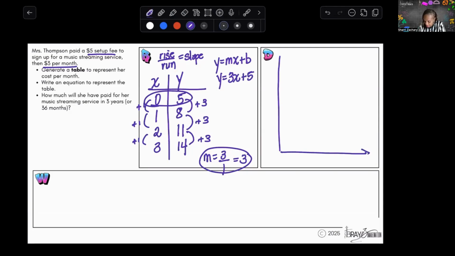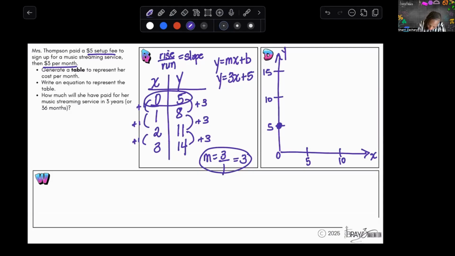Might not be completely perfect, but I have my origin here, x-axis, y-axis, and I'm going to do this by fives. And so I see here that I have a point at 0, 5.